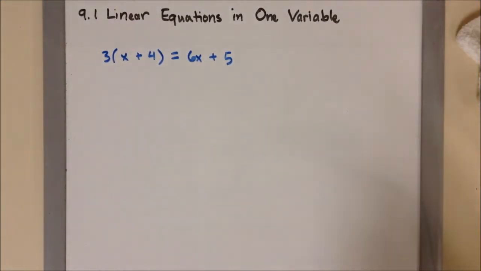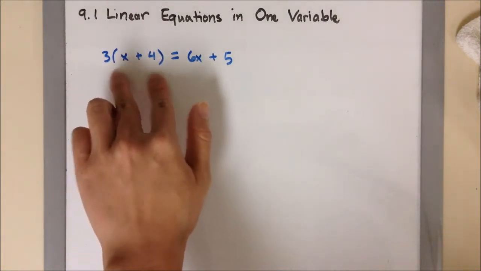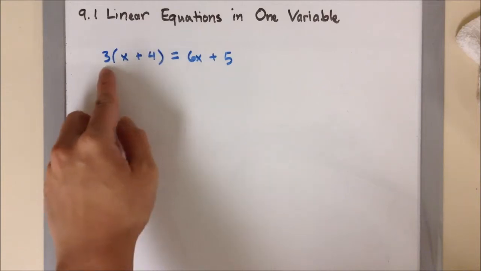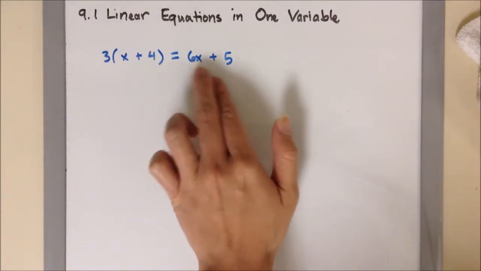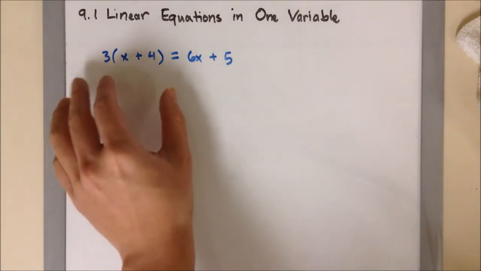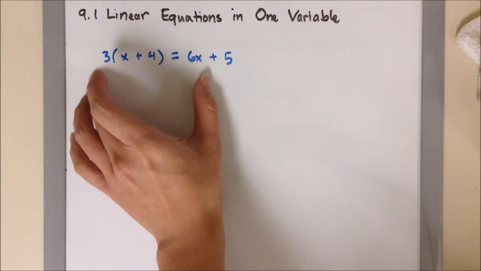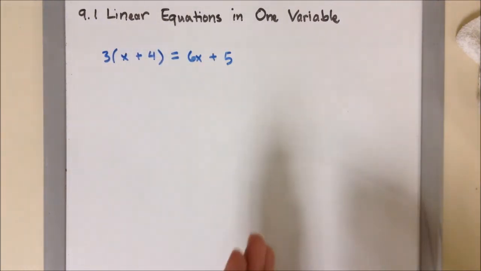Alright, in our third example, on the left side we have 3 multiplying x plus 4, as you can see from the parenthesis, and the 3 is right in front of the parenthesis. On the right side we have 6x plus 5. So here we're going to be distributing the 3 on the left, but also remember that we have variables on both sides. When you're solving, you just want to get variables on one side.